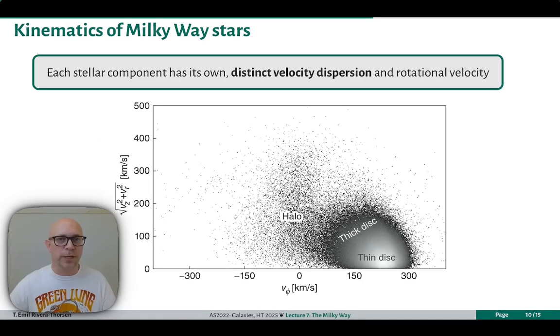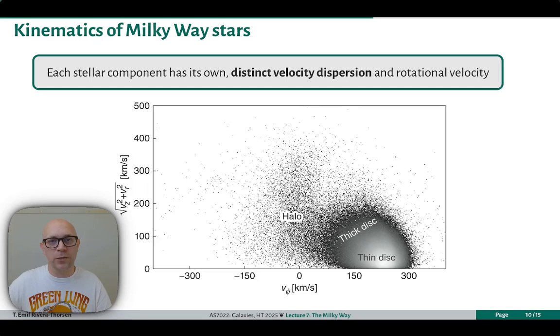Each stellar component has its own distinct velocity dispersion and rotational velocity, which means that you can learn a lot from looking at a plot of these two things against each other. So what we can see here is that, for example, the thin disk has a quite high rotational velocity, but basically no velocity dispersion internally, whereas the halo has basically zero rotational velocity, but a very large span of velocity dispersions.